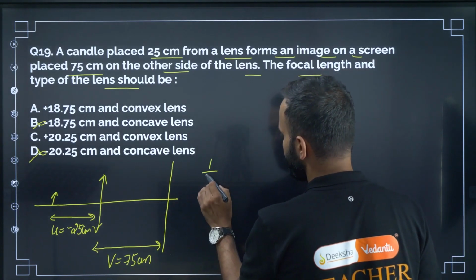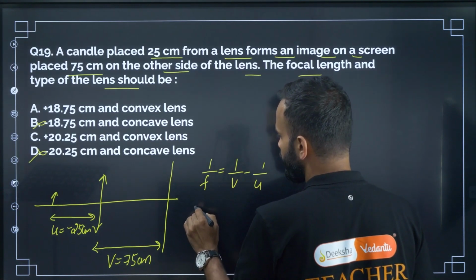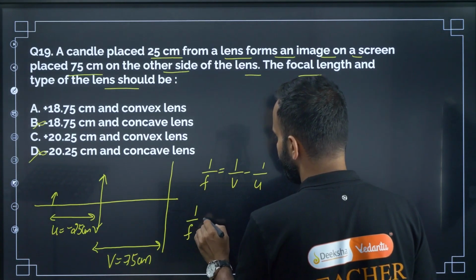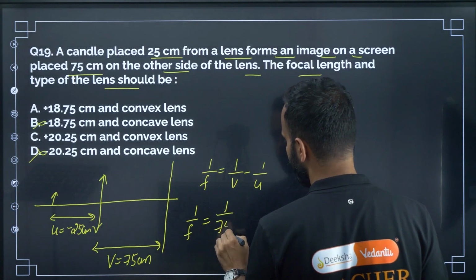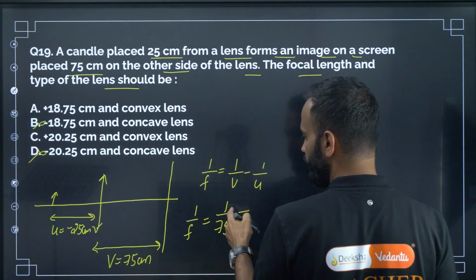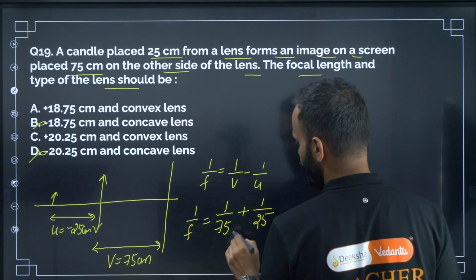Apply the lens formula: 1 divided by f equal to 1 by v minus 1 by u. So 1 divided by f is equal to, what is the value of v? 75 centimeter. So 1 divided by 75 minus 1 divided by minus 25, that is plus 1 divided by 25.